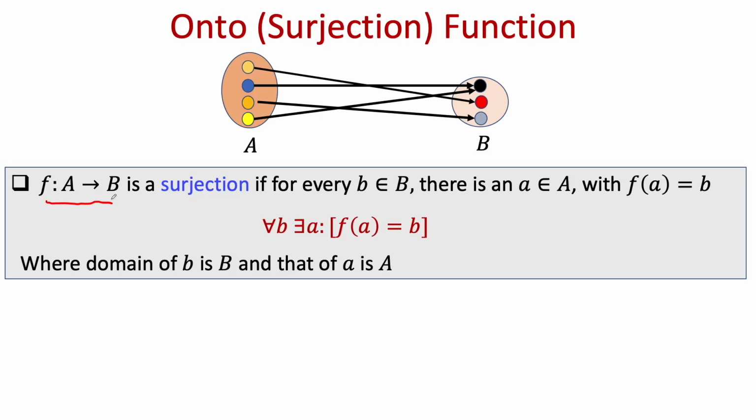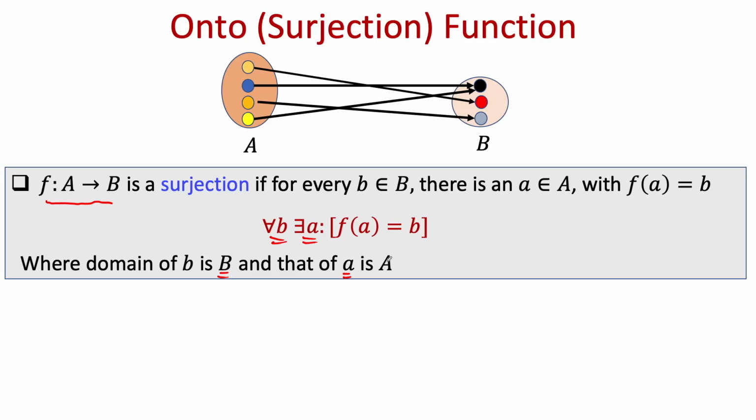You take any element b from the codomain, it should have at least one pre-image. That's the condition. So you can see here in the universal quantification, the domain of a small b is the codomain of the function, and the domain of a small a is the domain of the function.